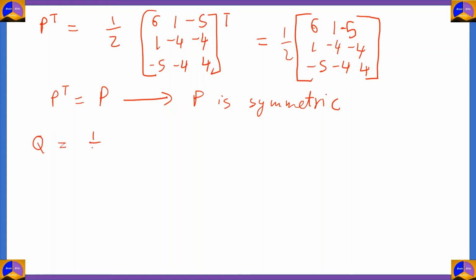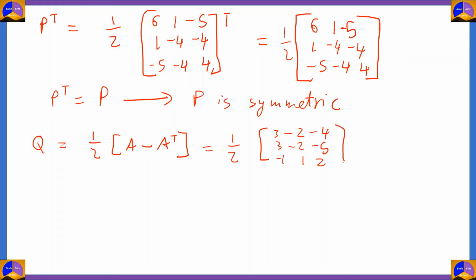Now Q is given as half of A minus A transpose, which will be equal to half into 3, minus 2, minus 4; 3, minus 2, minus 5; minus 1, 1, and 2.